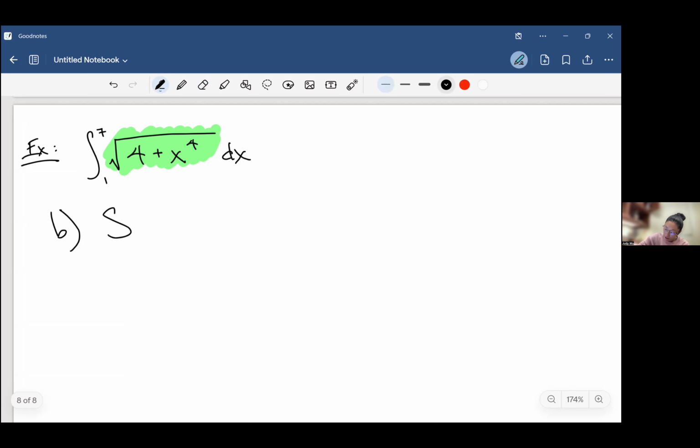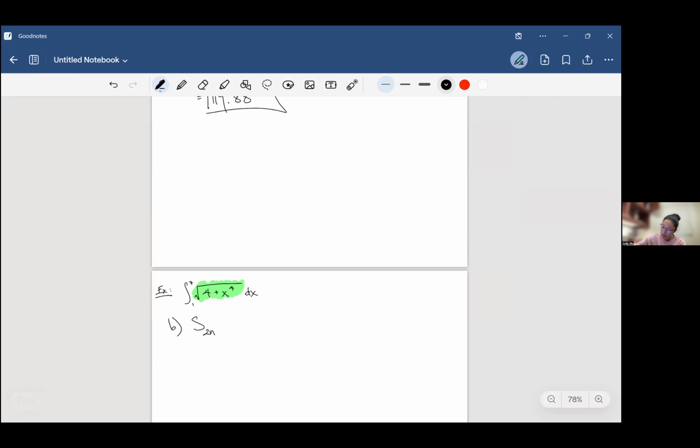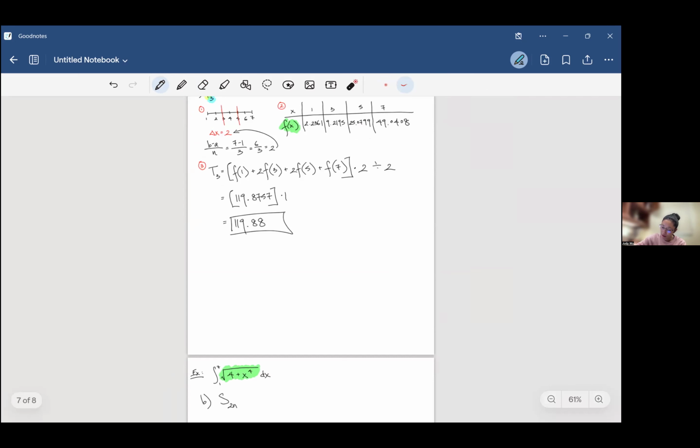When we have our Simpson's, the number down here is really 2n. Okay. So if my n in the trapezoidal is 3, that means 2n for Simpson's would actually be 6. Okay, so whatever your n value is, you have to double it for Simpson's, but you keep it that way for trapezoidal.